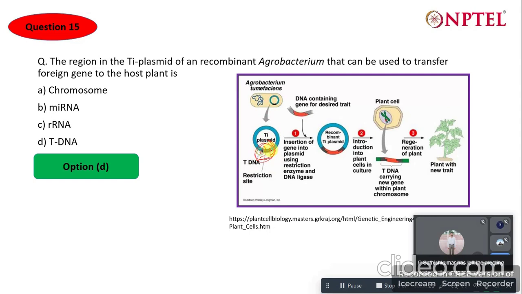The left border and the right border are the sequences that are recognized by the bacteria, so that only this tDNA region is transferred into the plant. So LB and RB are the left border and right border sequences that are present in the Ti plasmid surrounding the tDNA region.